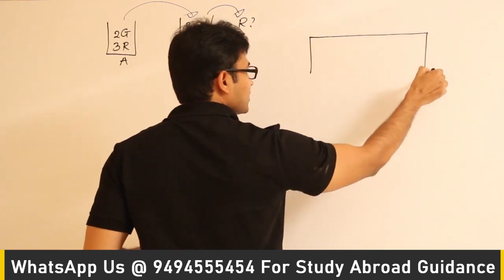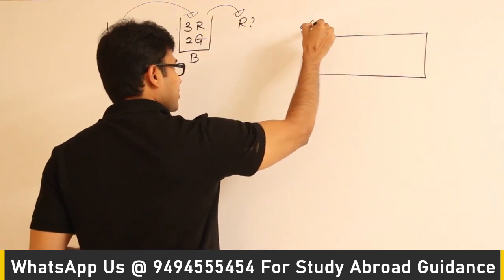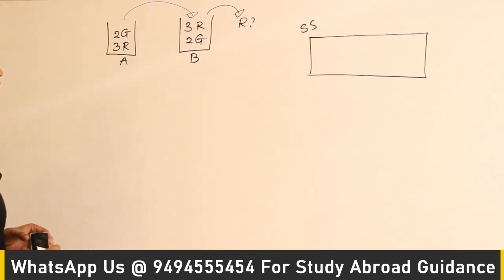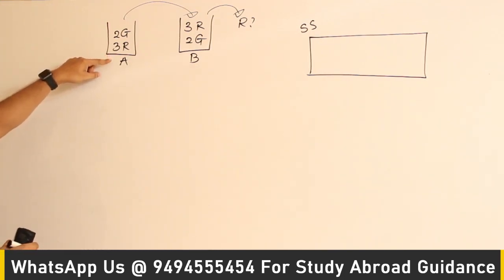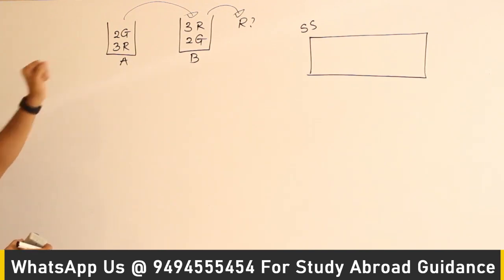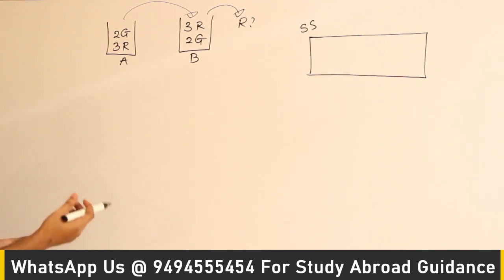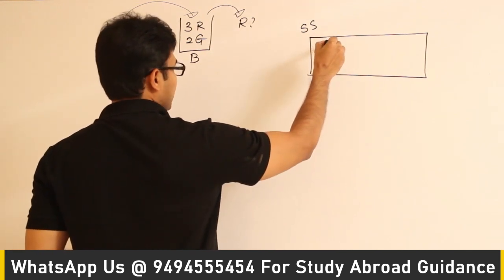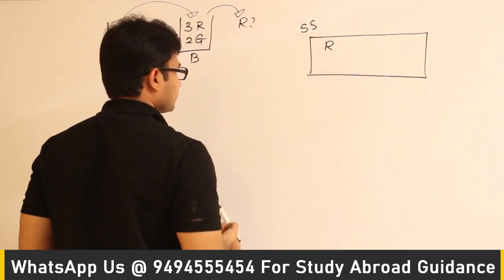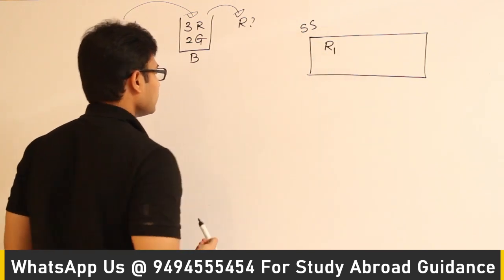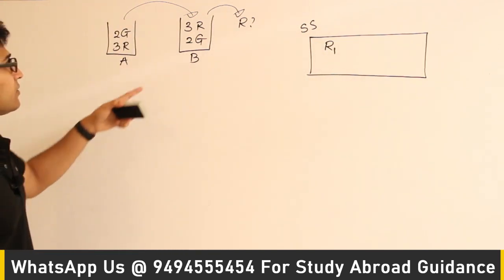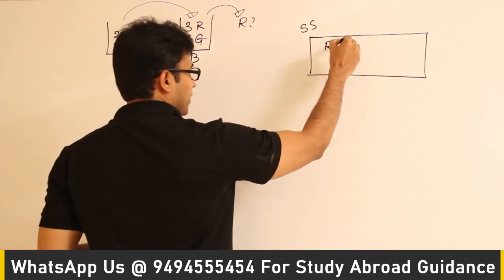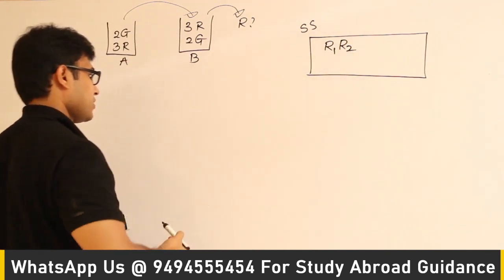Okay, now what is the sample space? Now this experiment actually contains two things. First thing is drawing a ball from here and then drawing a ball from there. So when you draw a ball from bag A, it can be either a green ball or a red ball. Therefore initially we might get a red ball from bag A, and then we might get a red ball from bag B, which means first ball is red and second ball is red.